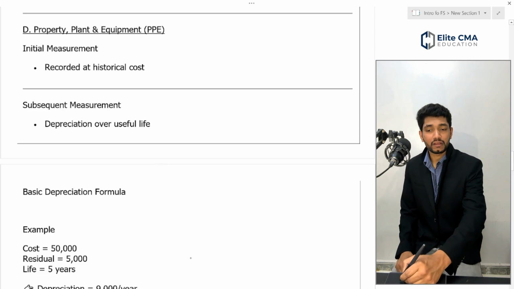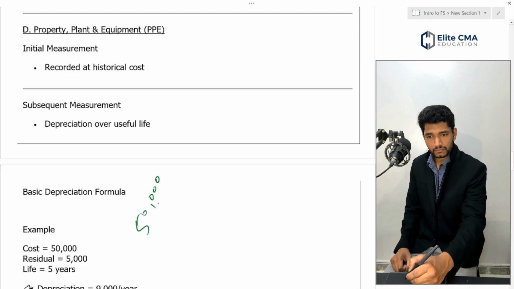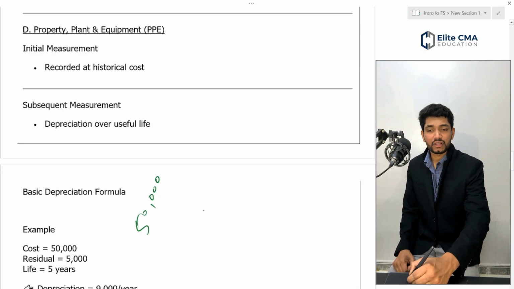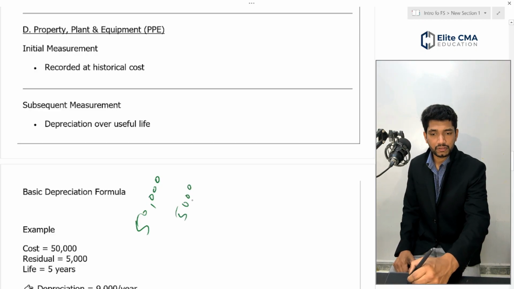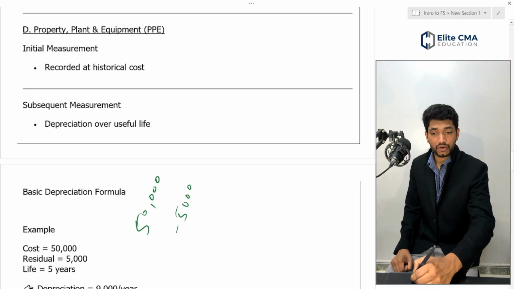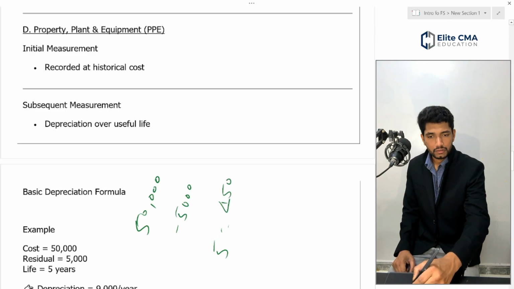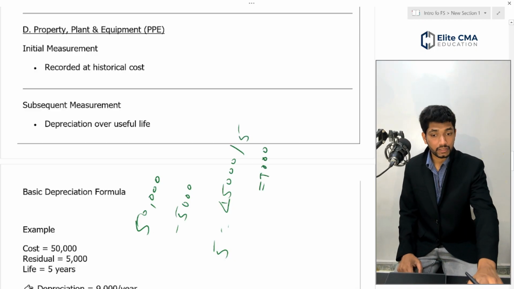Suppose a company spent 50,000 to develop a plant or equipment, and it is considering a residual value, meaning the value that exists after its life, of 5,000, and the life of the asset is estimated as 5 years. In this case, the depreciation will be 50,000 minus 5,000, that is 45,000, divided by 5, that is 9,000 yearly depreciation.